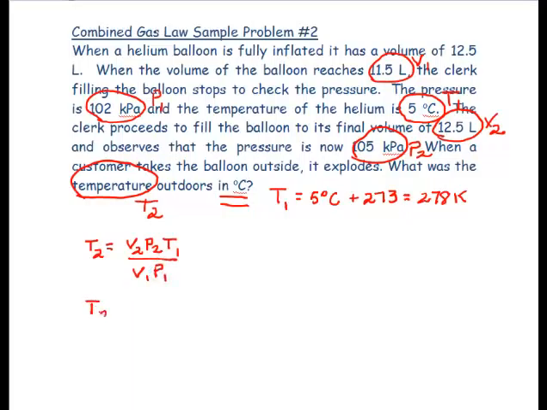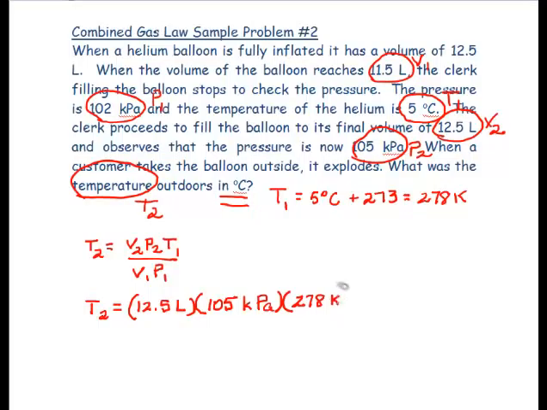Time to start substituting. T2 is equal to the final volume, 12.5 liters. That's the final volume. Okay. P2, well, it's 105 kilopascals when the balloon is taken outside and explodes. And our initial temperature, we just made that conversion, it's 278 Kelvin.